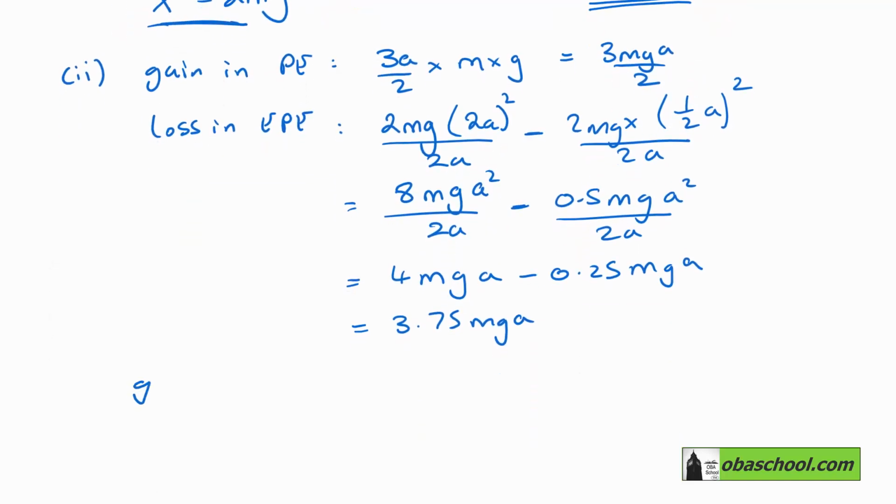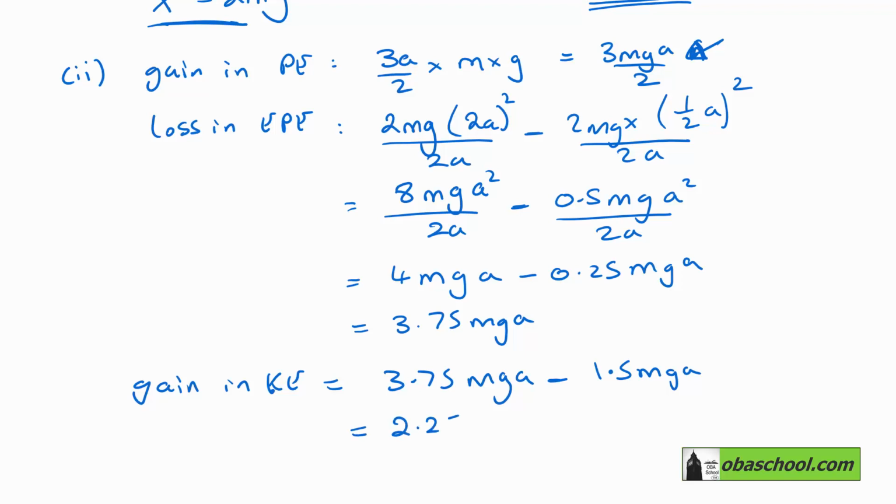So the gain in KE must be equal to the loss of elastic potential energy, take away the gain in potential energy, which was this one here. And that gives me 2.25 mga.